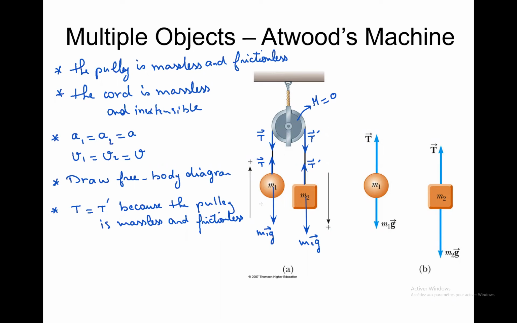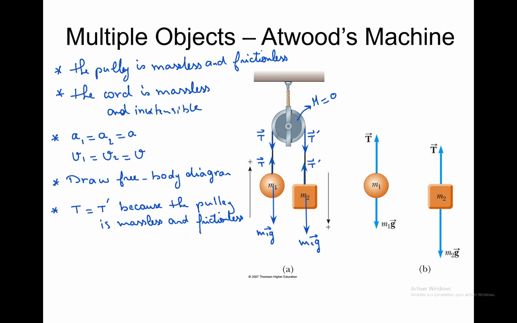Okay, I think it's all. How can we apply Newton's second law for each object? First of all, we have to identify the positive and the negative direction. It's very important.